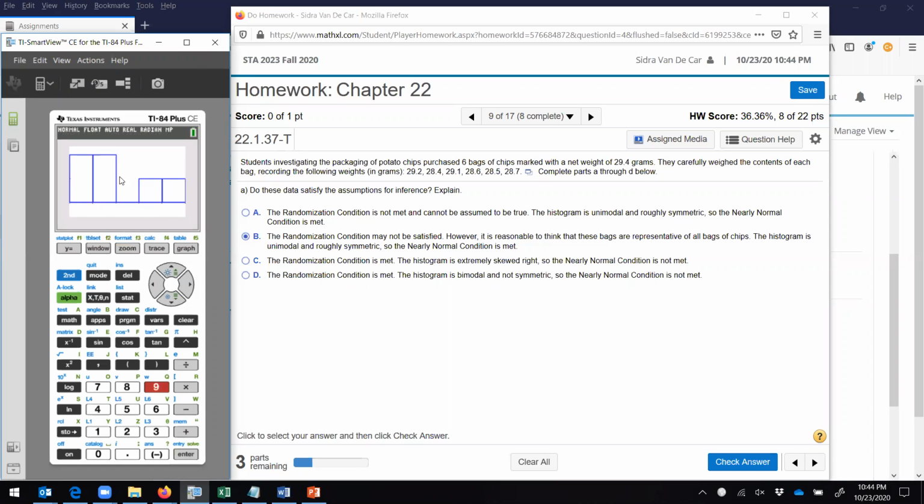It's a little bit skewed looking. I don't know if I'd classify that as unimodal and symmetric.